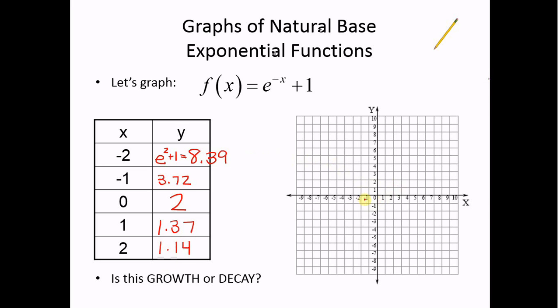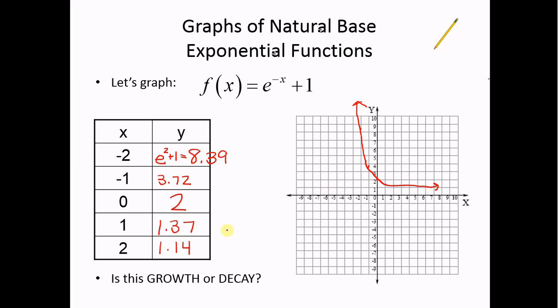So -2, 8.39, about right there. -1, 3.72, about right there. 0, 2 goes about right there. 1, 1.37, and 2, 1.14, about right there. So let's go ahead and connect our dots here. Oop, almost missed that one.